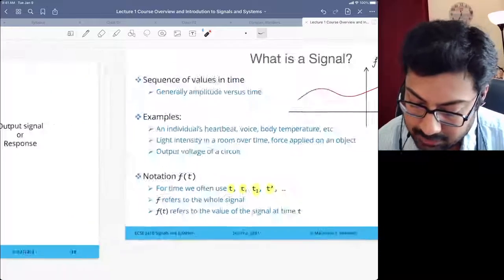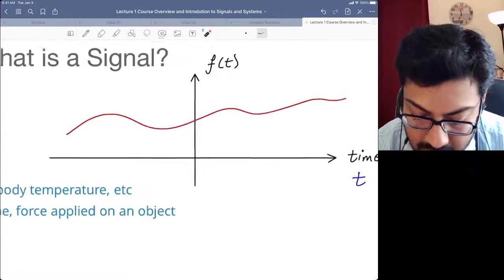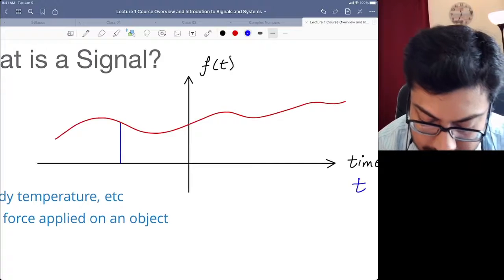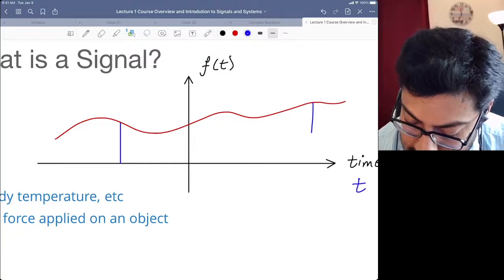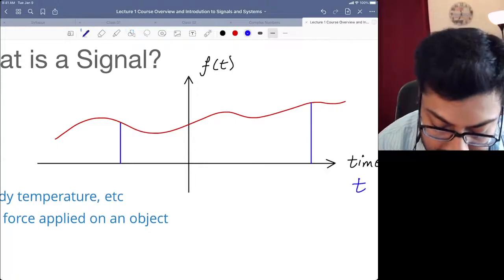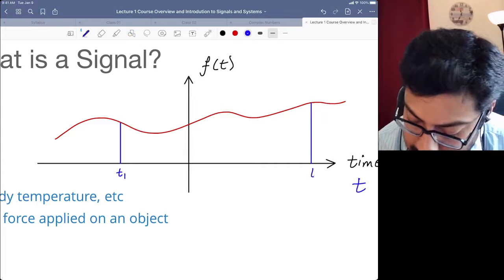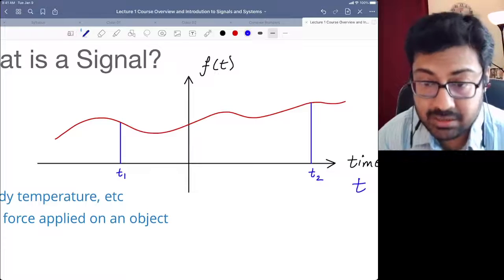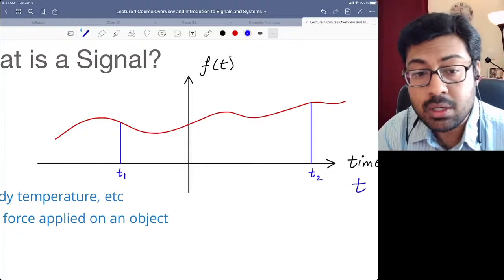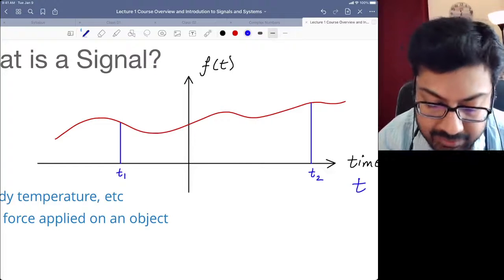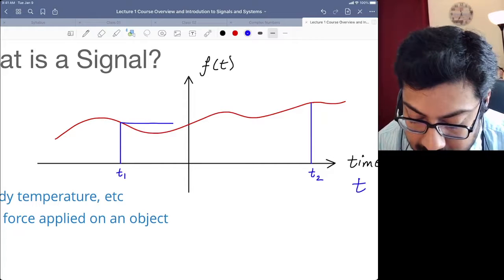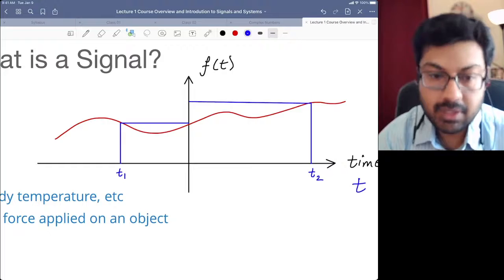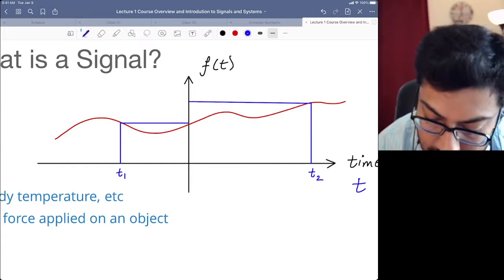So if I go back here, I can say, all right, what is t1? Maybe t1 is over here. What is t2? Maybe t2 is over here, right? So if t1 is over here and t2 is over here, then I can project these values onto the y-axis, on the vertical axis, to find what that value is going to be. Well, obviously, I'm going to get what?